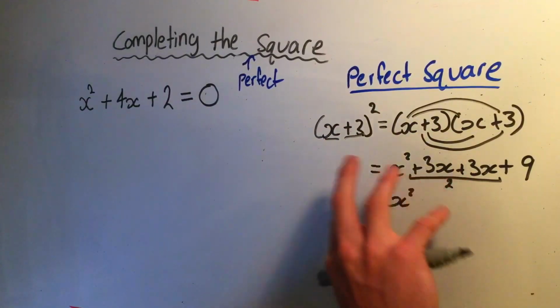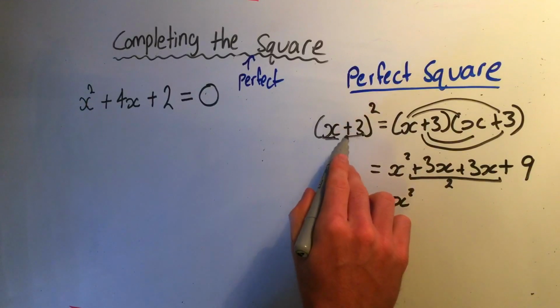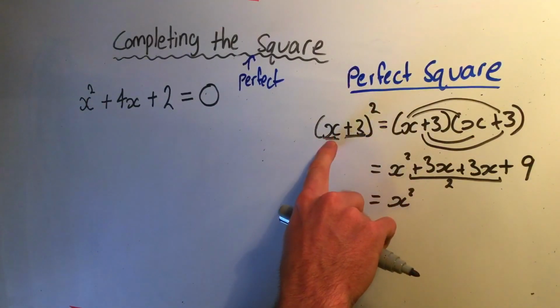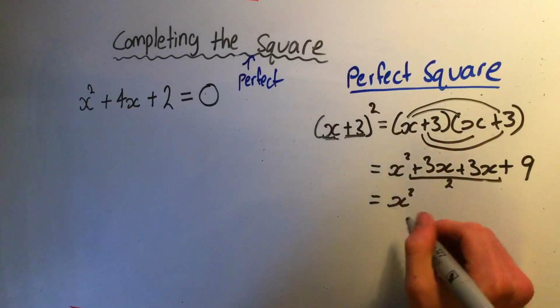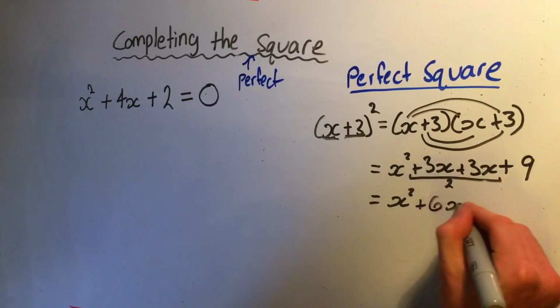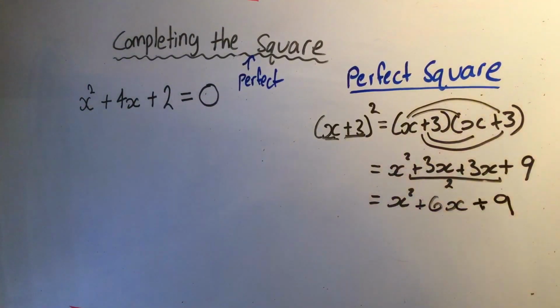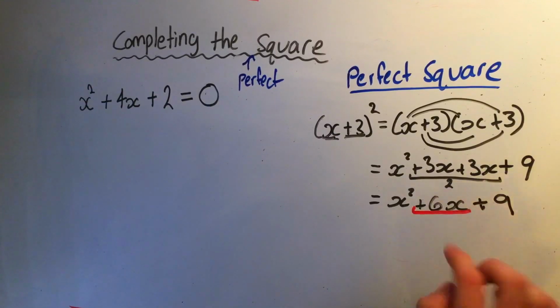And we know that we're always going to get two of them. So you double what this term and this term are multiplied together. We know that plus 3 times x is 3x, times 2, because you will always get two of them, is plus 6x. Plus 9.